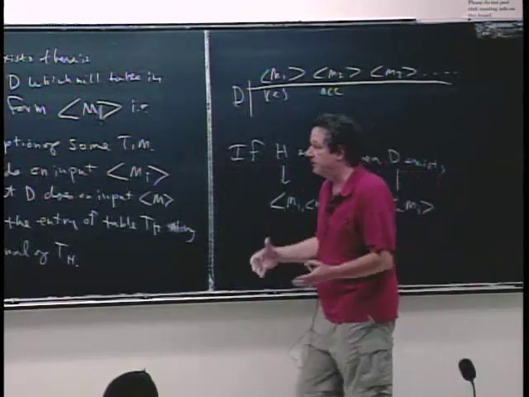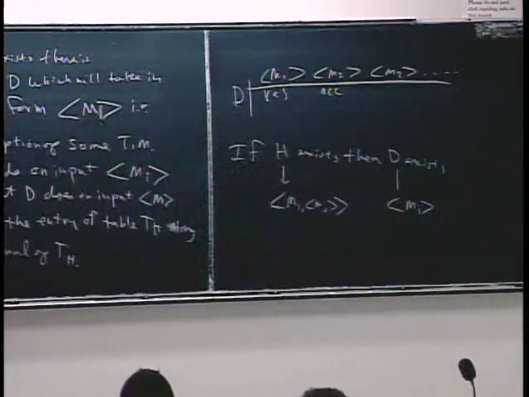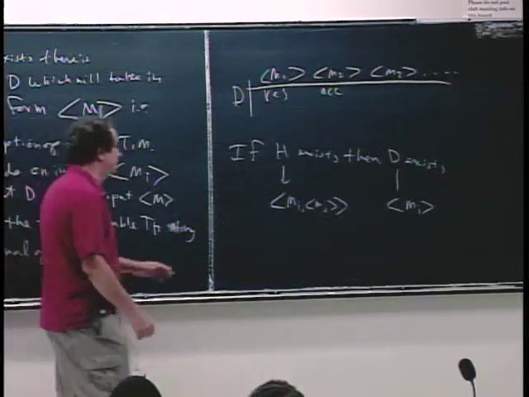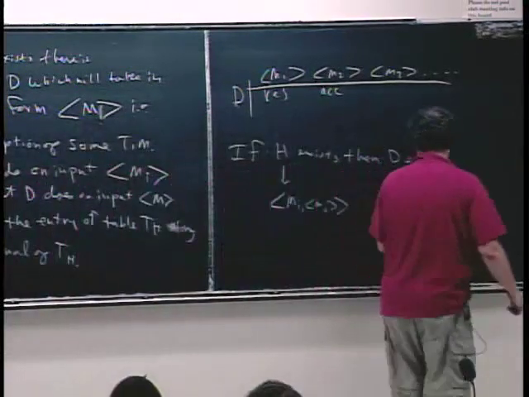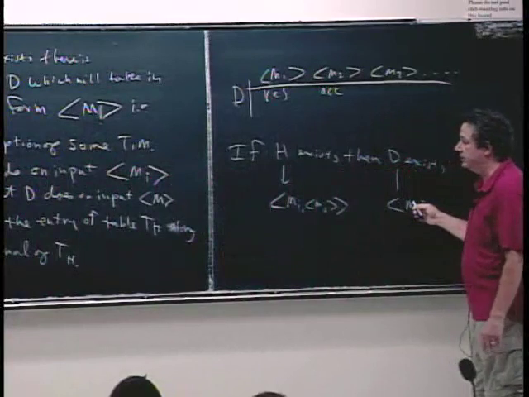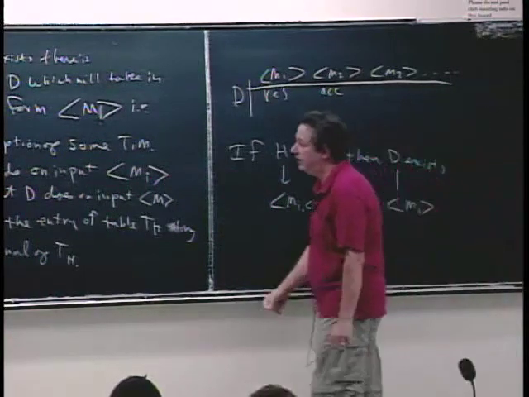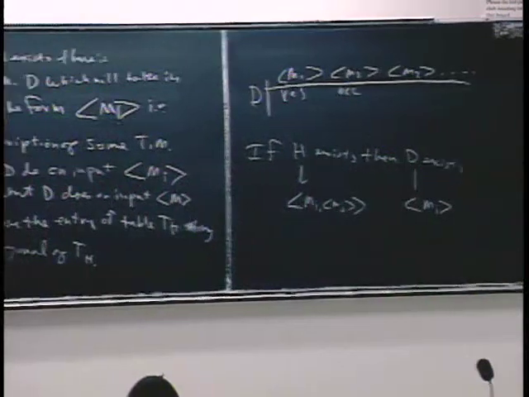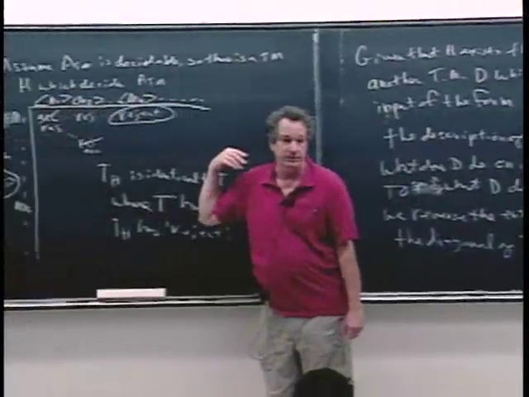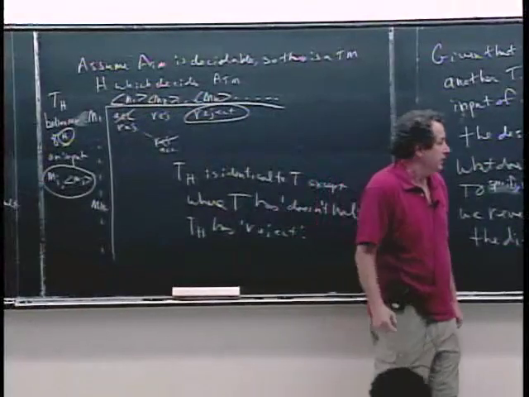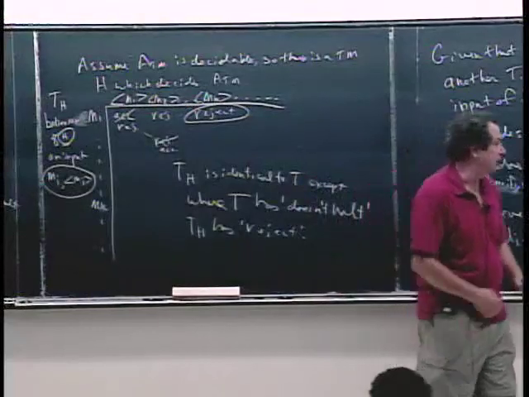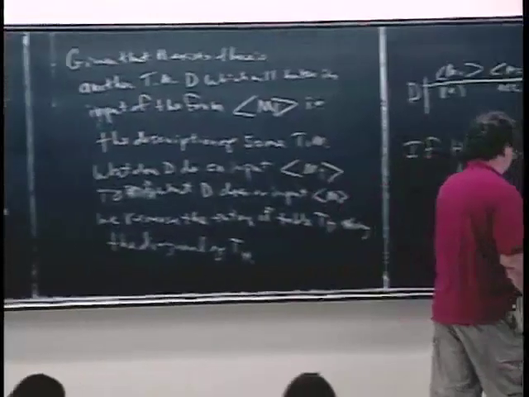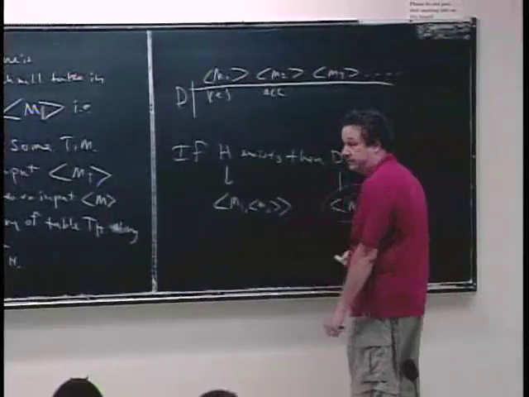Well, D just has within it, if H exists, it just has an H, okay? And when it gets an input of this form, that forms a Turing machine, it just runs H, and whatever H does, it does the reverse. So if H exists, D exists. Okay. So D is a perfectly good Turing machine, and its input is of this form.